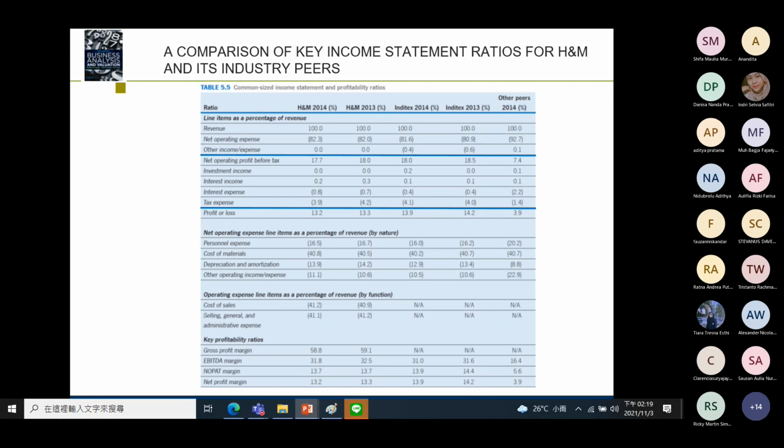A company's selling, general and administrative expenses are influenced by the operating activities it has to undertake to implement its competitive strategy.